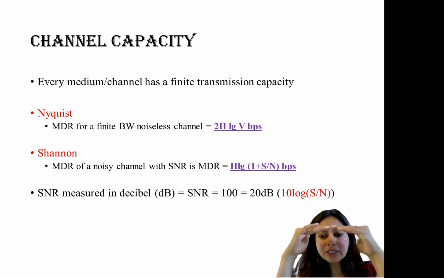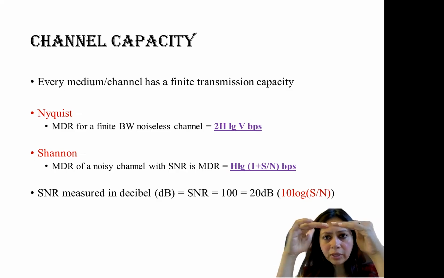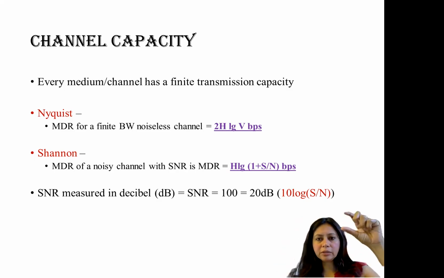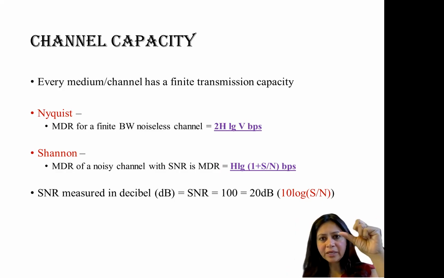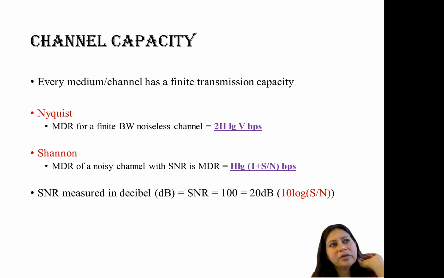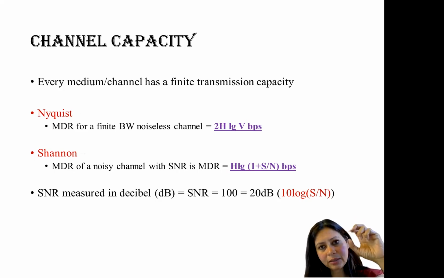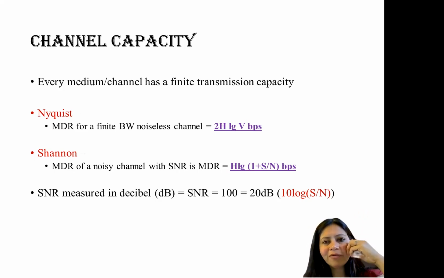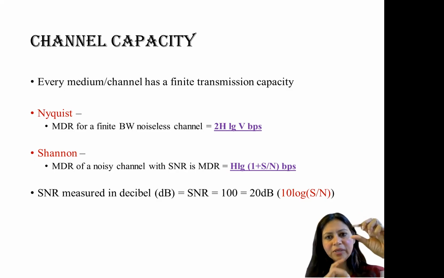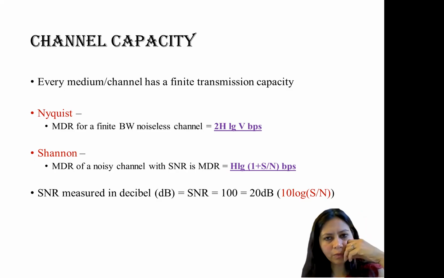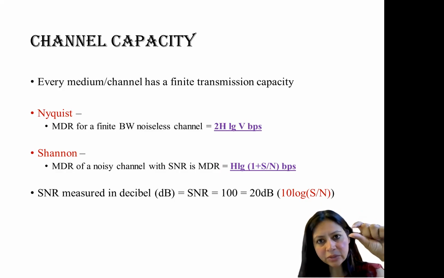Understand, guys, your signal has to be really strong. When your numerator is a big number and your denominator is a small number, say, for instance, your numerator is 100 and your denominator is 10, what is 100 divided by 10? 10, right? However, if your numerator is 10 and your denominator is 100, what is that number? 0.1. So it's a much smaller number.